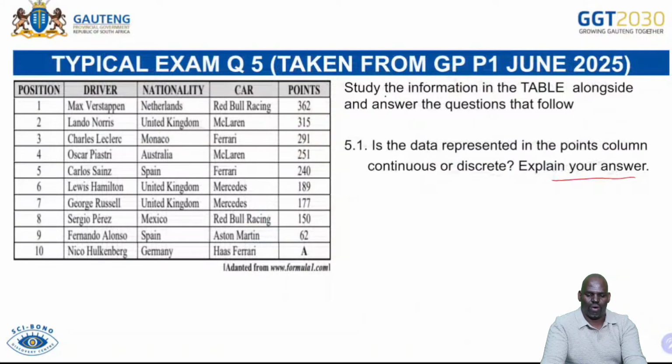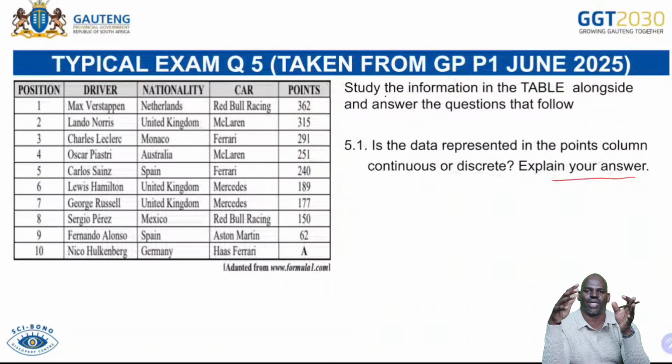Okay, now what type of data is discrete? When we say it's discrete, it means the data was collected by counting. So in other words, in this case, they have counted the points, and continuous is measurement. Continuous data is the type of data that is collected by measuring.